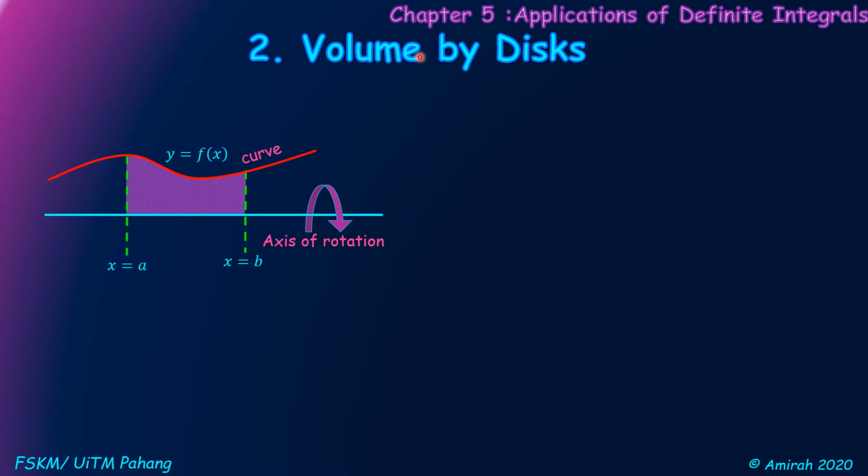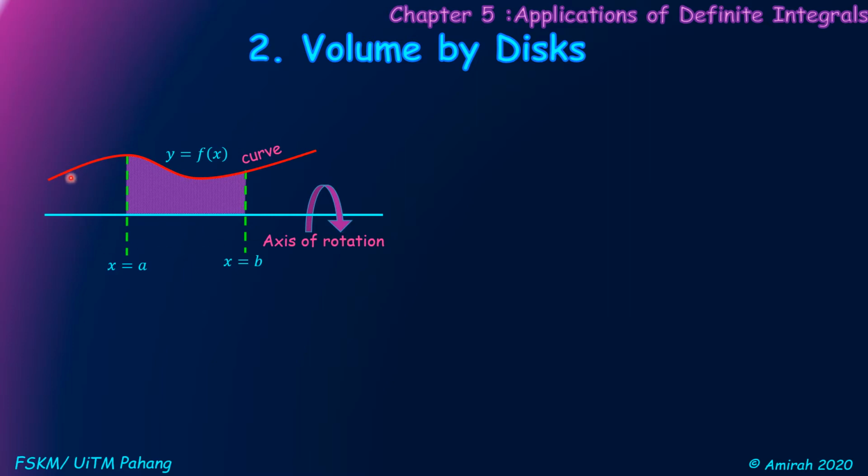We should first define just what a solid of revolution is. To get a solid of revolution, we start out with a function y equals f(x) on an interval [a, b]. We then rotate this curve about the given axis to get the surface of the solid of revolution.